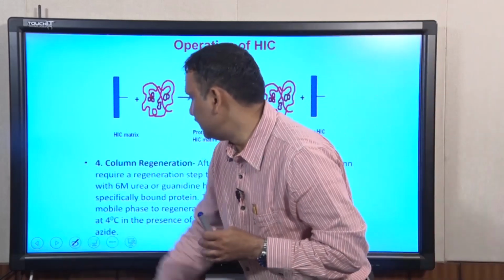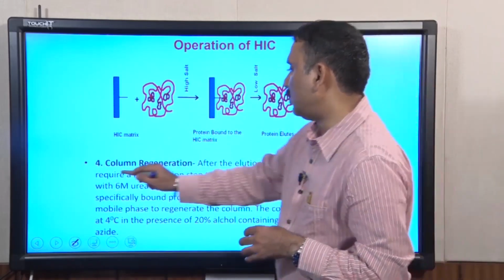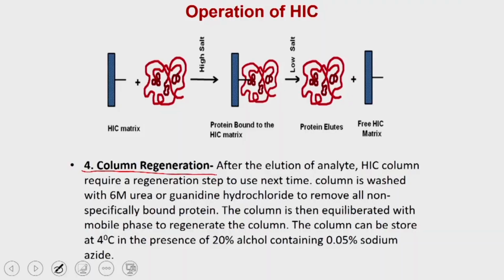Now, once your elution is over, you have to do a column regeneration, because you have to reuse this column. So, after the elution of the analyte, the HIC column requires a regeneration step to use it the next time. The column is washed with 6 molar urea or guanidinium hydrochloride.